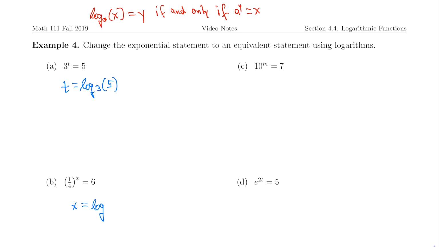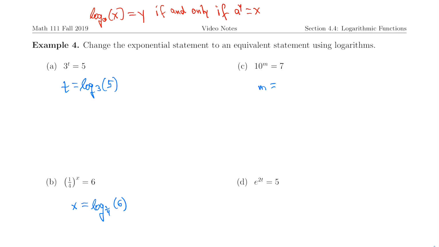Now the base here is a little unusual, but it is 1/4, and the number then is 6. So again, that's it. Now we're going to see the same scenario, I start with my exponent, which is what I would like to find out.